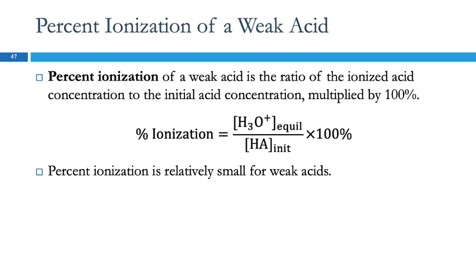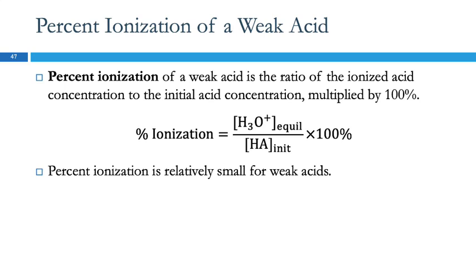So I mentioned what percent ionizes. We can talk about the percent ionization of a weak acid, and this is going to be the amount of hydronium ion present at equilibrium, which represents the amount that actually got ionized, divided by the initial concentration, which was the whole amount, times 100.